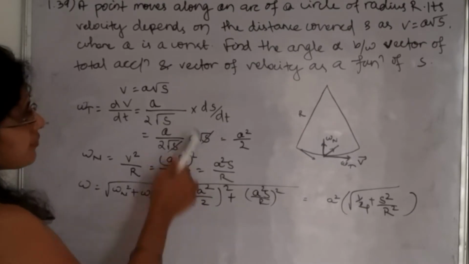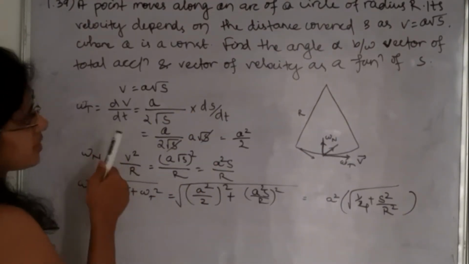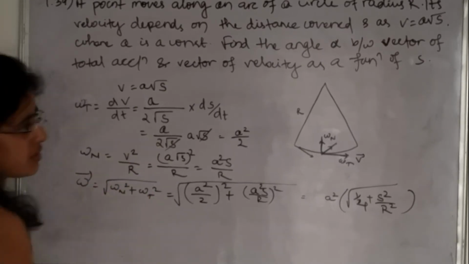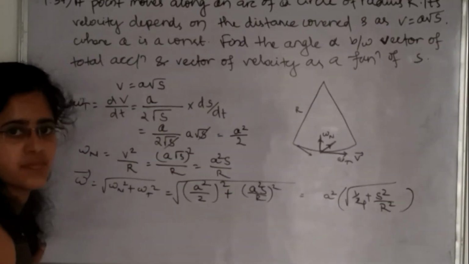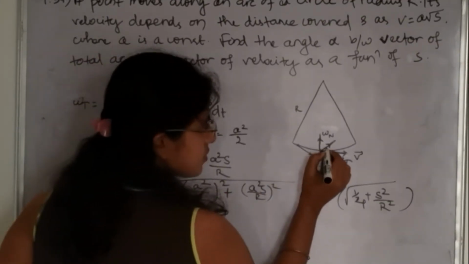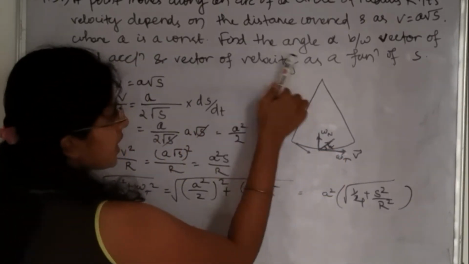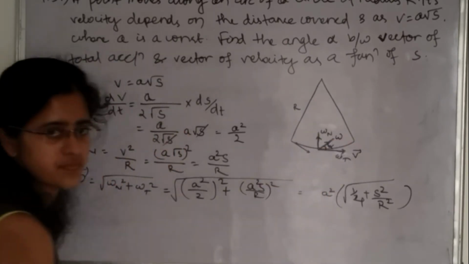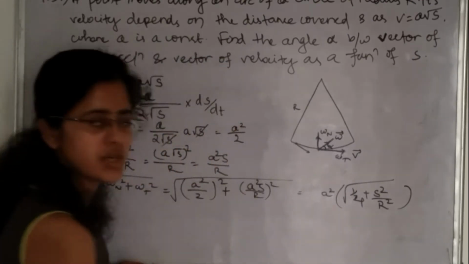Okay, we have to find the angle alpha between the vector of total acceleration and the vector of velocity as a function of s. So this is the total acceleration vector. That means it is heading somewhere in this direction. Let us consider this angle alpha, because it is given that the angle alpha is between the velocity vector and total acceleration. So this is the direction of velocity and this is the direction of total acceleration.